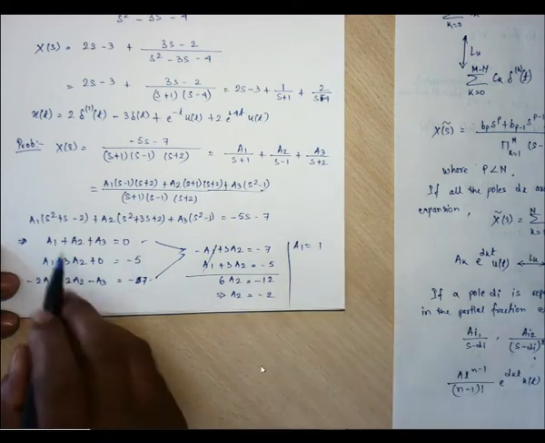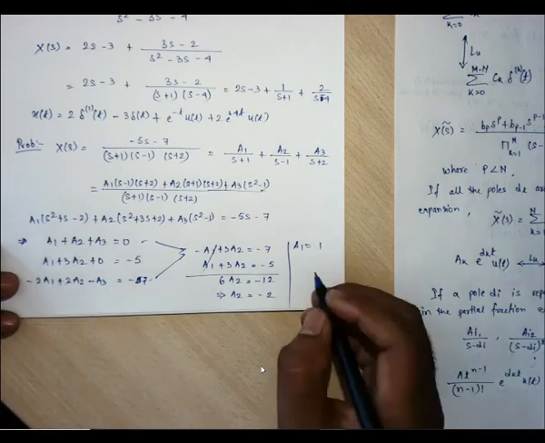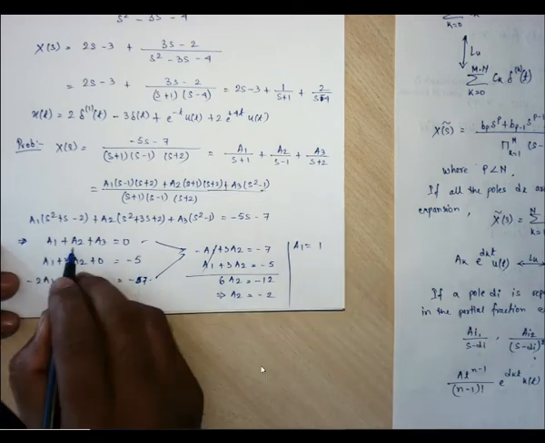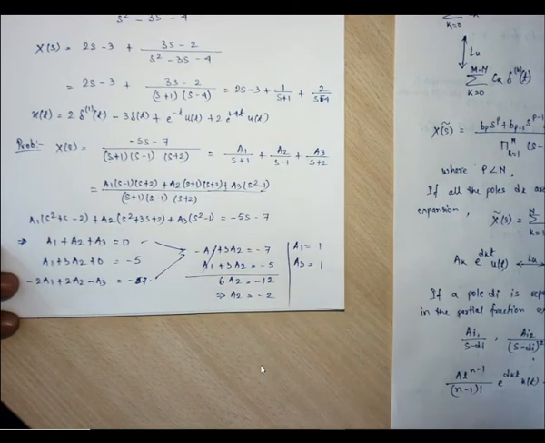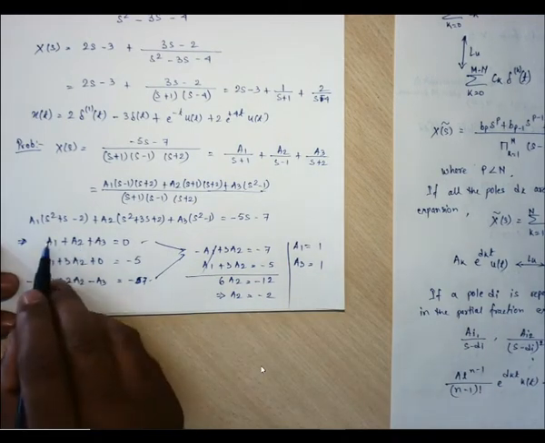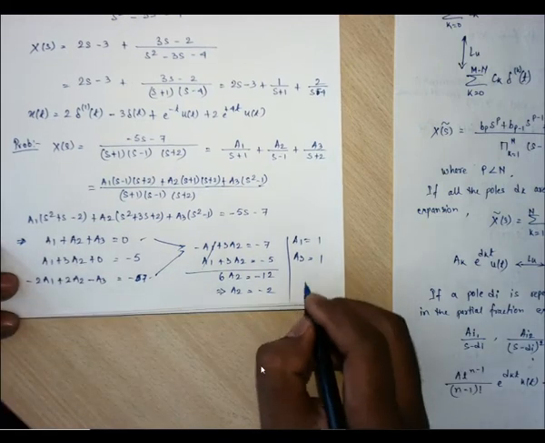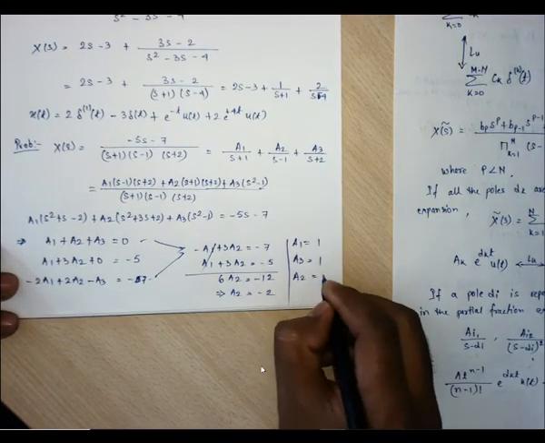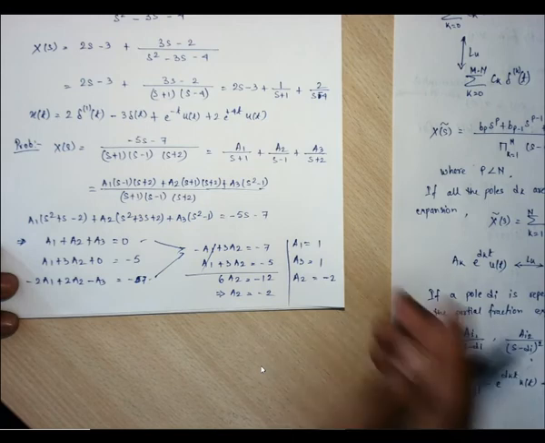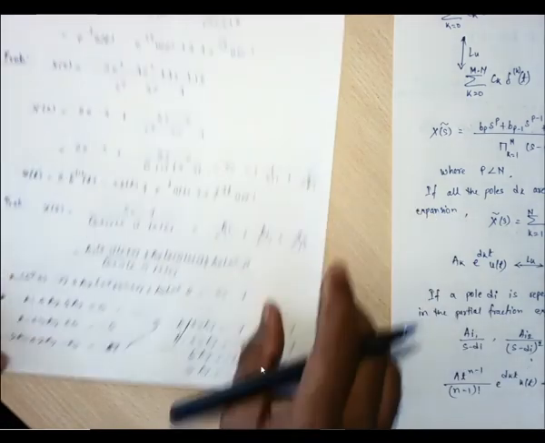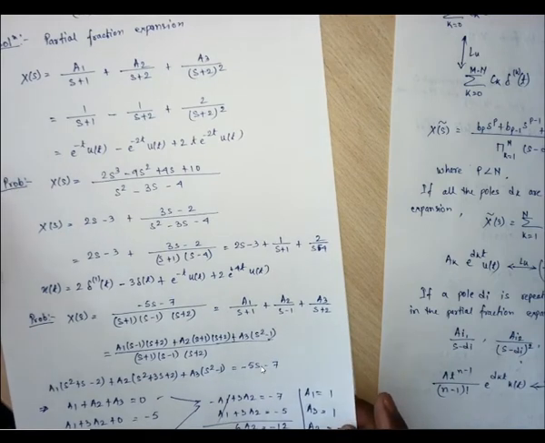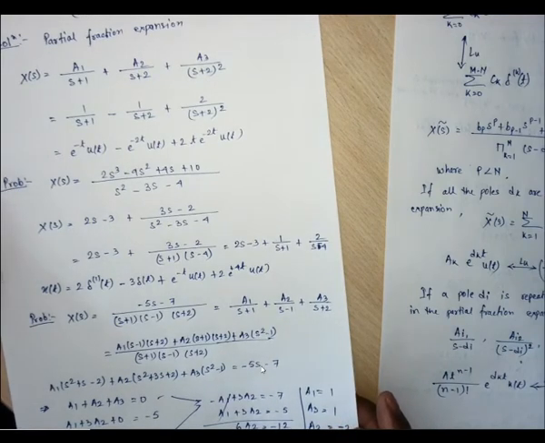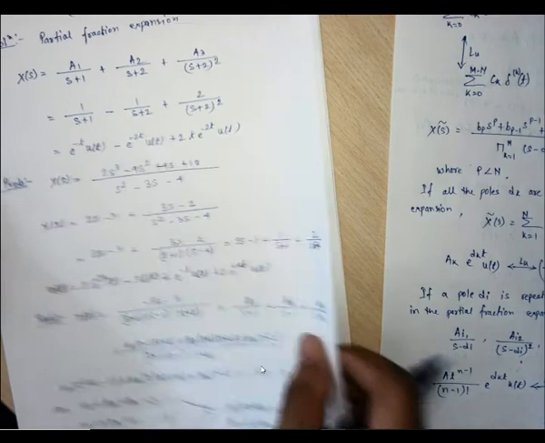Then we need to find a3. a1 is 1, a2 is minus 2, so a3 is also 1, right? 1 minus 1 plus 1, so a3 is 1 and a2 is minus 2. So we got the constants. So let us write this: 1 by s plus 1, minus 2 by s minus 1, plus 1 by s plus 2.